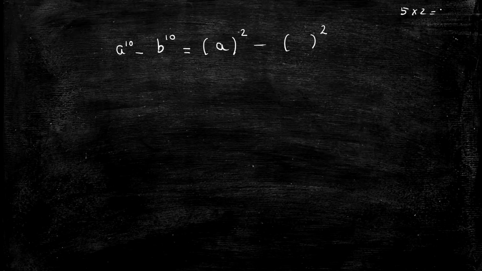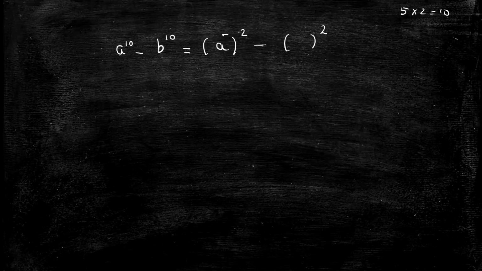Let's try out one more example. A power 10 minus b power 10. Now in this example, I find it is a difference, and I have to see if I can represent them as difference of squares, something square minus the other number square. How can I do that? Because I know that 5 into 2 is 10.